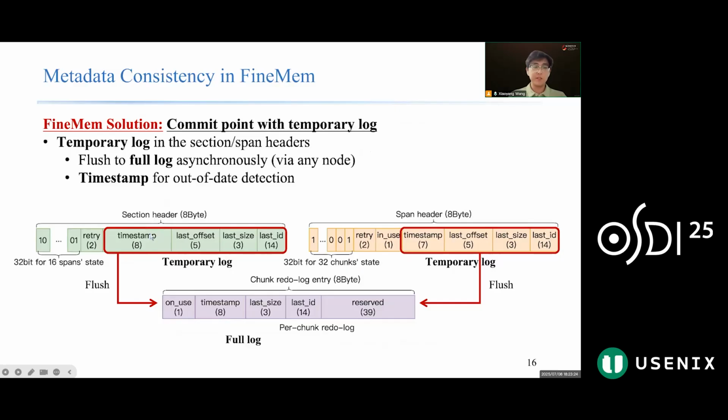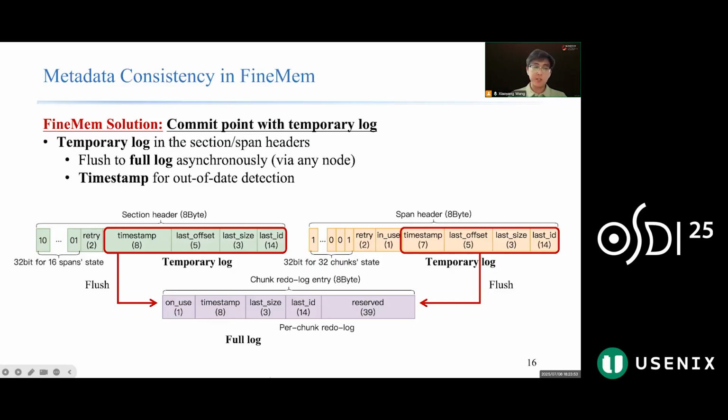To address this, FineMem adds a 32-bit temporary log into the bitmap we discussed previously, allowing each allocation to be temporarily logged, and this log can help distinguish between transient and committed states in case of a crash. Any node can flush this temporary log into a persistent redo log without blocking.